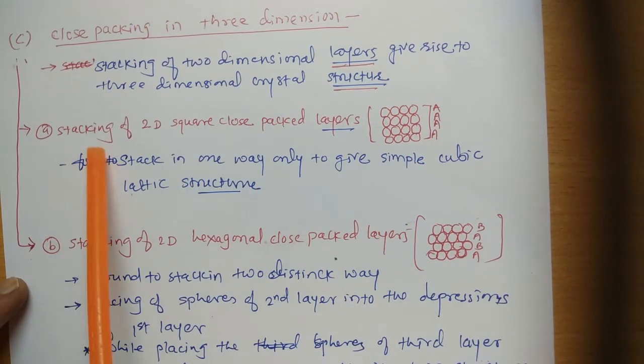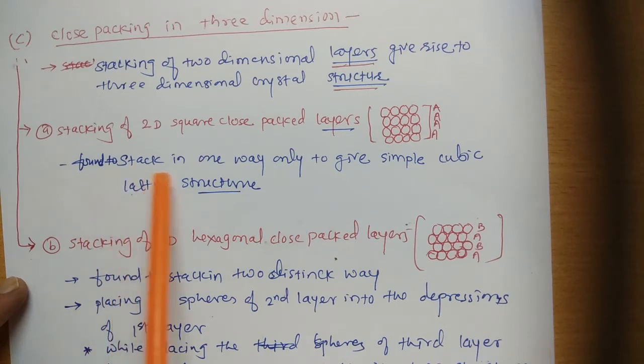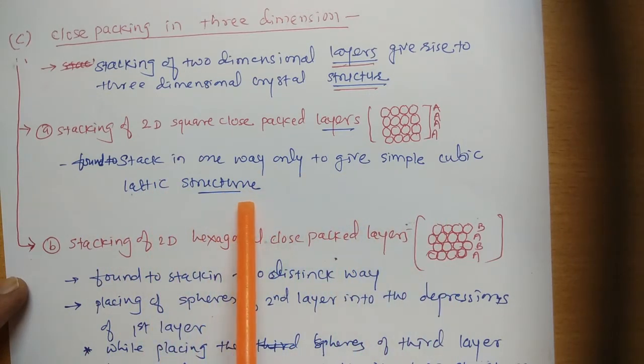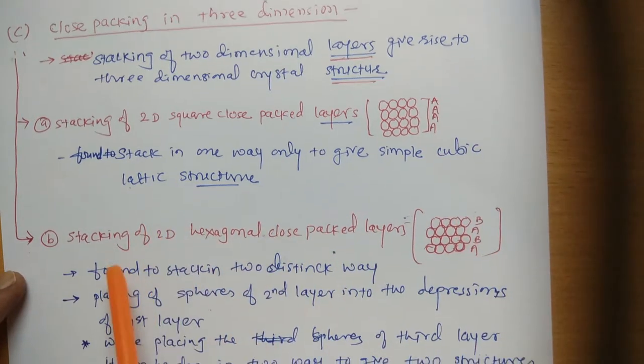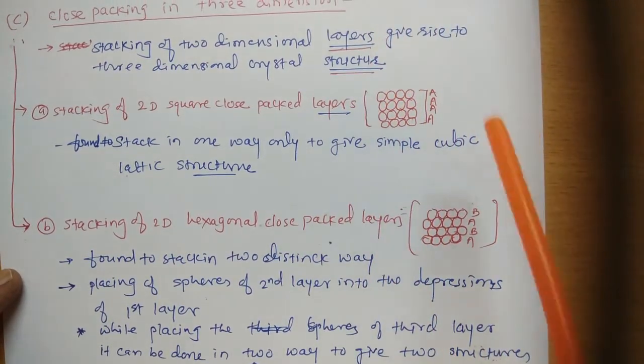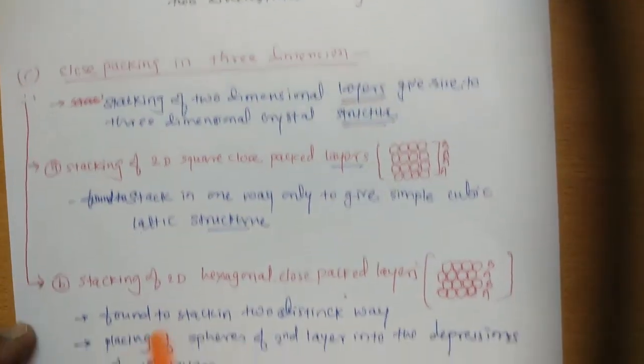Stacking of the two-dimensional square close packed layers is found to stack in one way only, to give a simple cubic structure, cubic lattice structure. That we are going to see on the next point. And now the stacking of the hexagonal close packed layers gives a different three-dimensional structure.